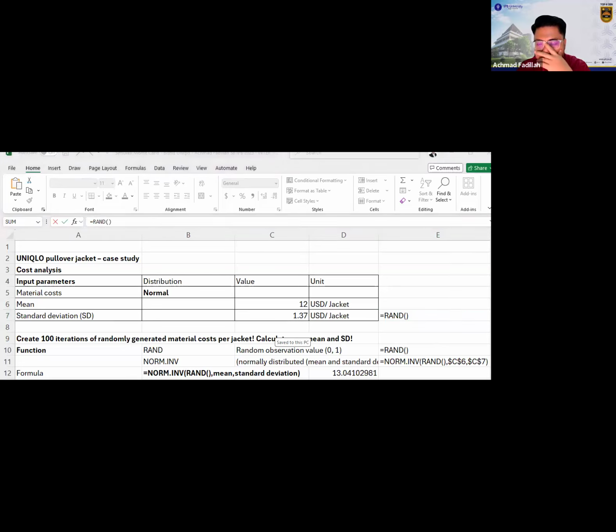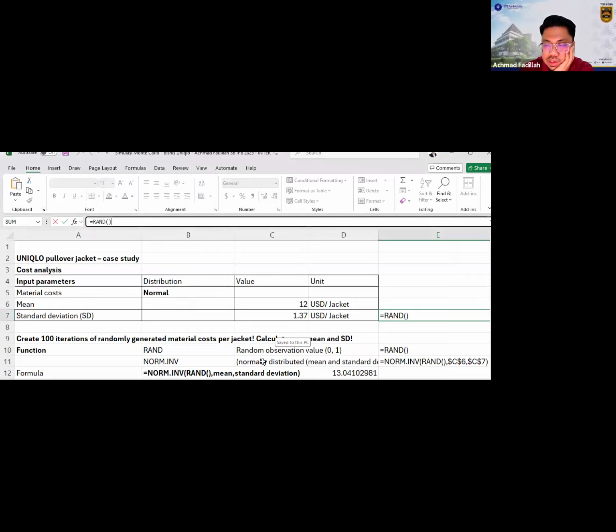And then the next formula is about NORM.INV. It means that NORM comes from this: if you have normally distributed data, or the data is normally distributed, so you need to use NORM.INV.